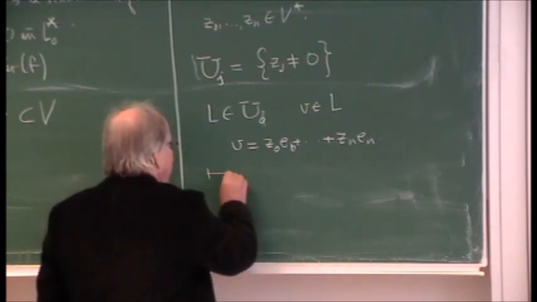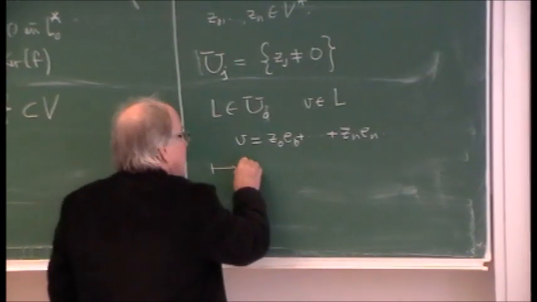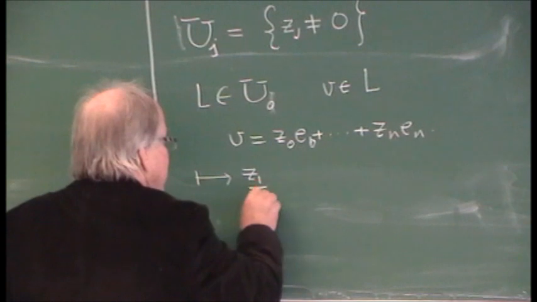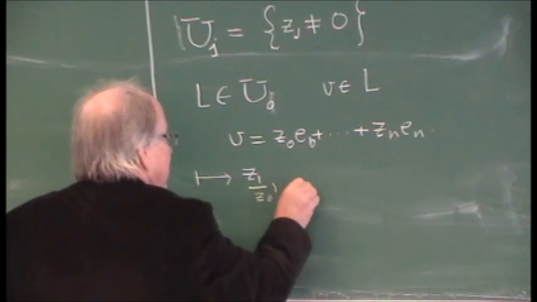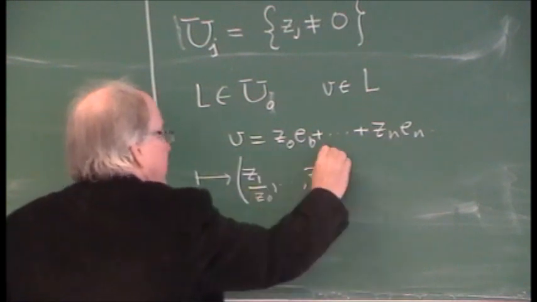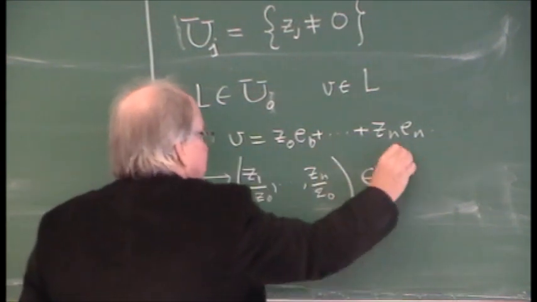I'm going to map this vector to z1 divided by z0, through zn divided by z0 in Cn.